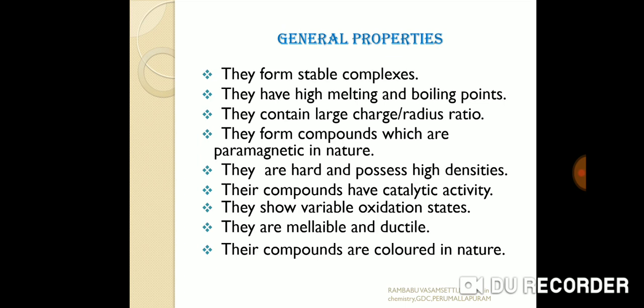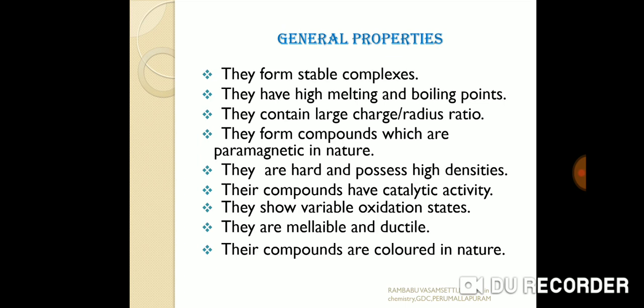By using the free electron theory, valence bond theory, or band theory, it is suggested that metallic species have higher melting and boiling points, they can contain a large charge-to-radius ratio, and they form compounds which are paramagnetic in nature.